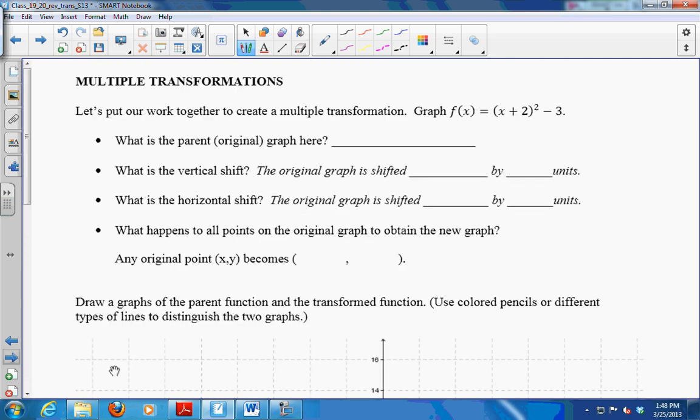All right, so we can do 2 shifts in one relative. Okay, so this is a multiple transformation. My relative has 2 different shifts in it. What is the parent function in this formula? What is the function that's being shifted around?